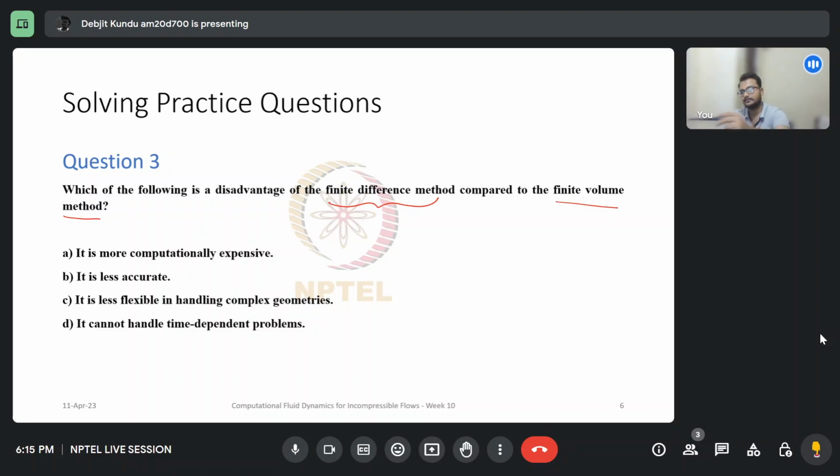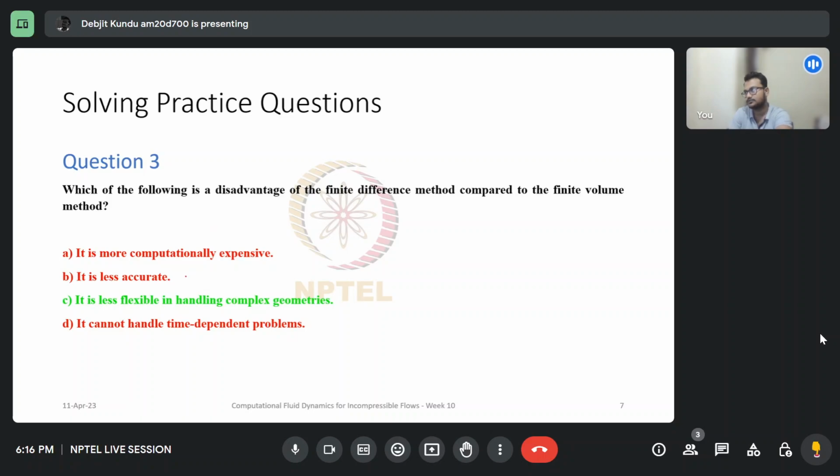So let's have a look at the solution. The solution is option C. It is less flexible in handling complex geometries. So the other things, computational expense, accuracy, and time dependent.